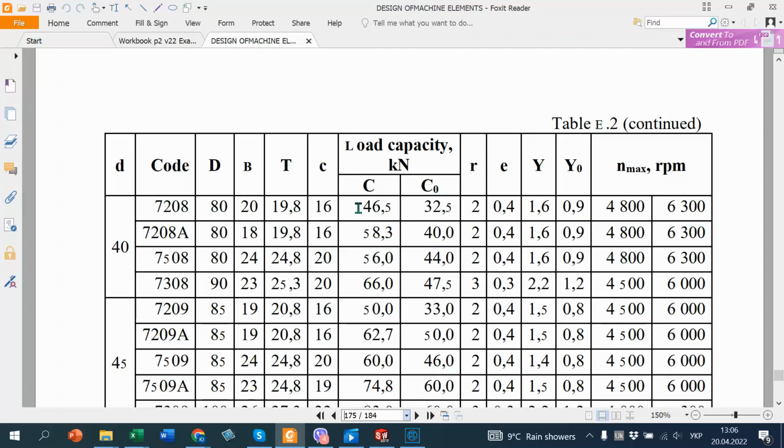So you can use this bearing and increase distance B, for example. You can take bearing A, meaning high quality, 58, it's rated at 49.